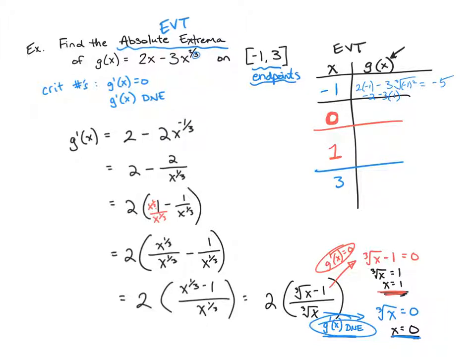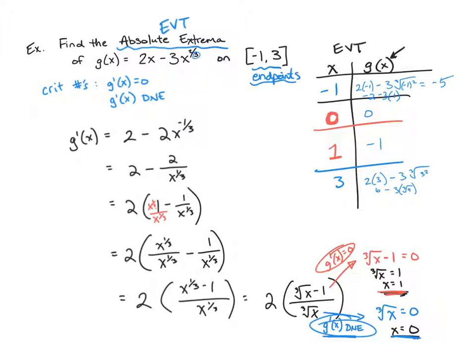Then we can test out the 0. When I throw a 0 into the G function, it's 0. When I throw a 1 into the G function, it's going to give me 2 minus 3, so a -1. When I throw a 3 into the G function, I'm actually going to have to do work. It's going to be 2 times 3 minus 3 times the cube root of 3 squared, which is 6 minus 3 times the cube root of 9.